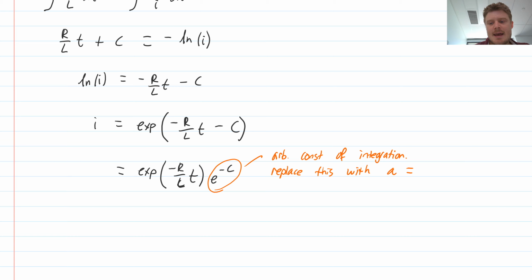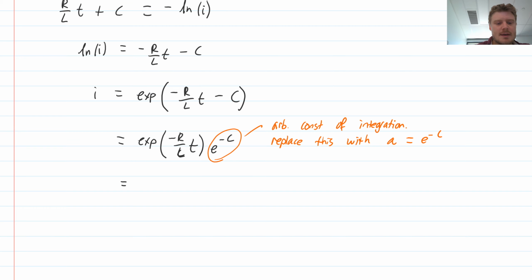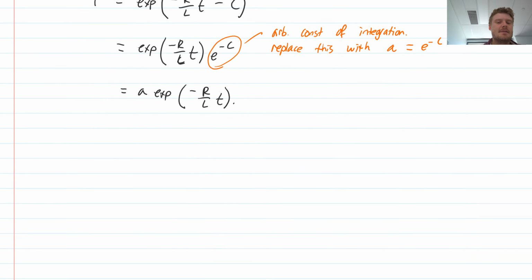Let's just pick letter A is equal to e to the minus c. By doing that, what I will end up with is A times my exponential of negative r over L times t. Then the final thing that I need to do is use my initial condition to find what this constant of integration A is.